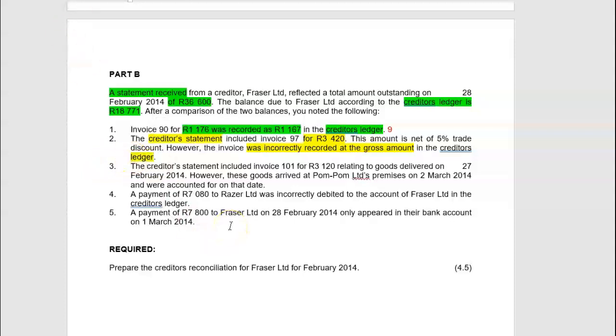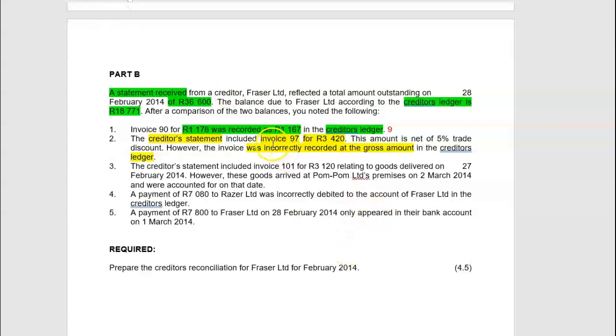We made the mistake. We have not recognized the trade discount that we have received when we posted that entry into the creditor's ledger. So we have then in fact overstated the creditor's balance in the ledger as a result of that. So if we have overstated it, we have credited his account with that invoice value, which was not correct.